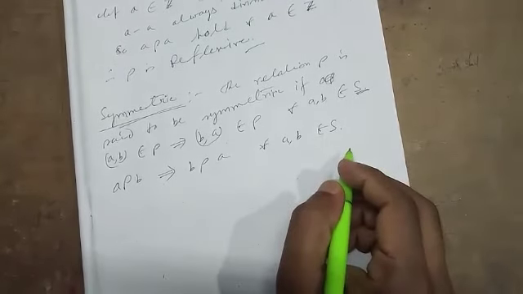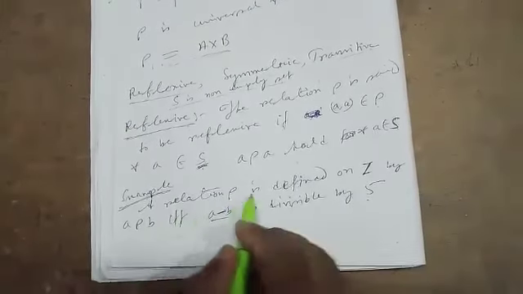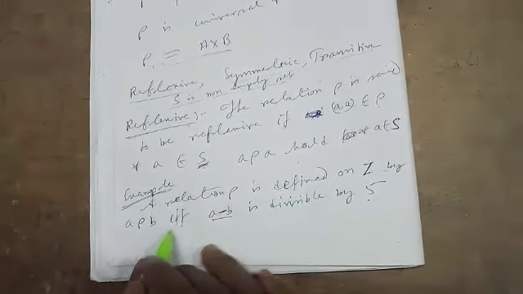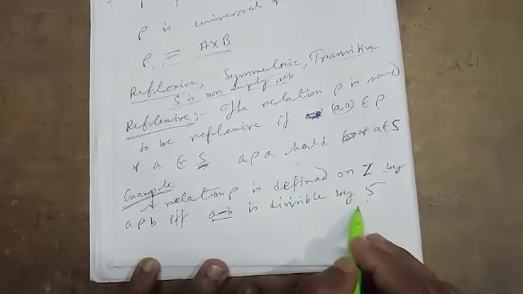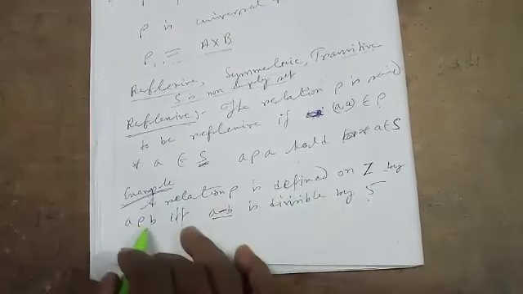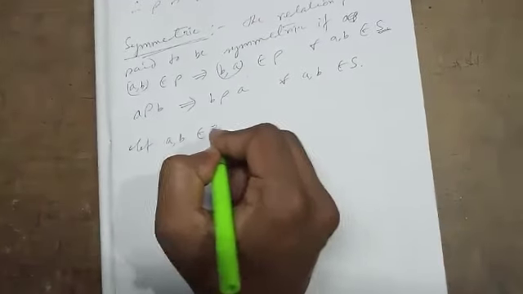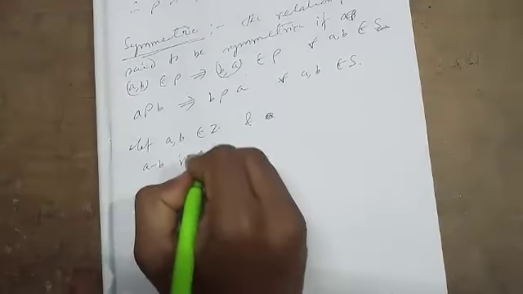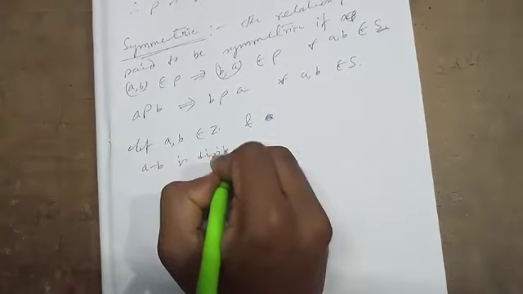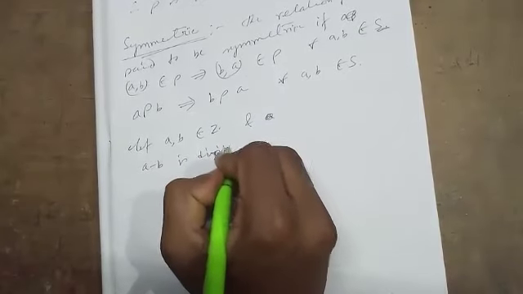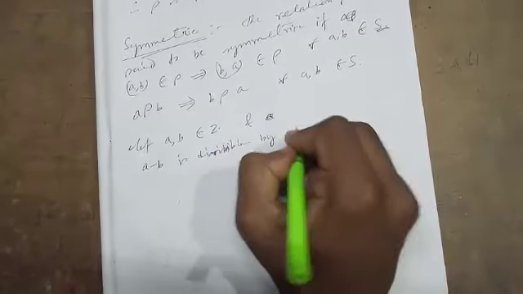Let's take an example, the previous example. A relation rho is defined on Z by a rho b if and only if a minus b is divisible by 5. Let us examine whether this is symmetric or not. Let a, b belongs to Z, and a minus b is divisible by 5.